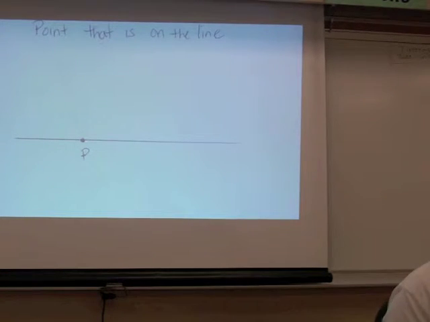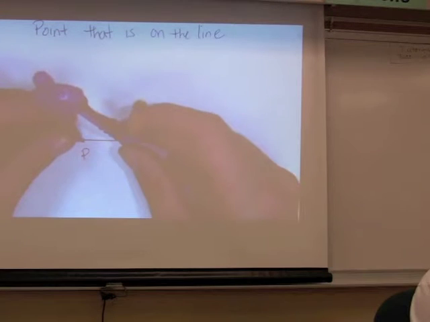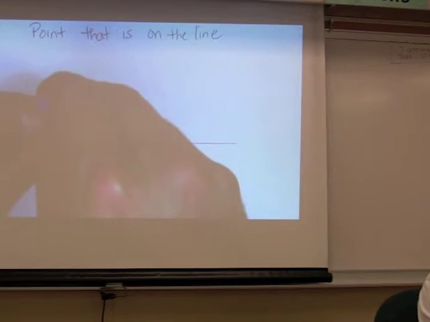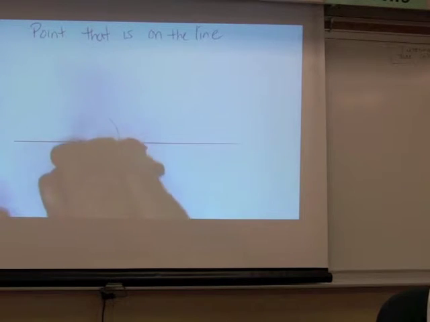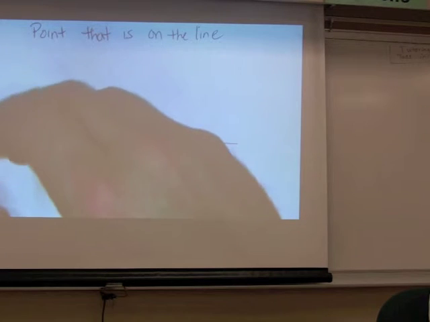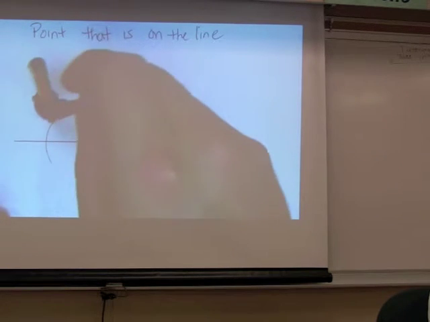Okay. And from that point, what we're going to do is take your compass and draw an arc from point P on the right side and on the left side. Same length.